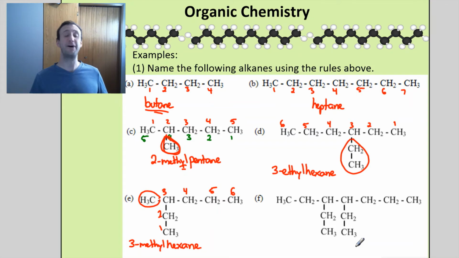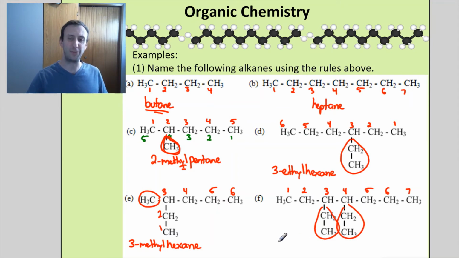All right, for F, I get into the realm now of having 2 branches, not just one. So I would go ahead and go 1, 2, 3, 4, 5, 6, 7. I have an ethyl branch right here and another ethyl branch right here. I got 2 ethyls.